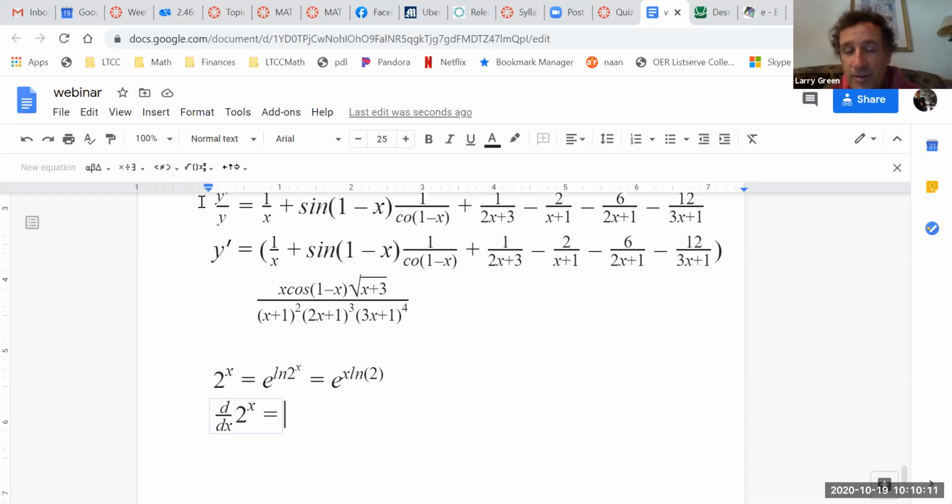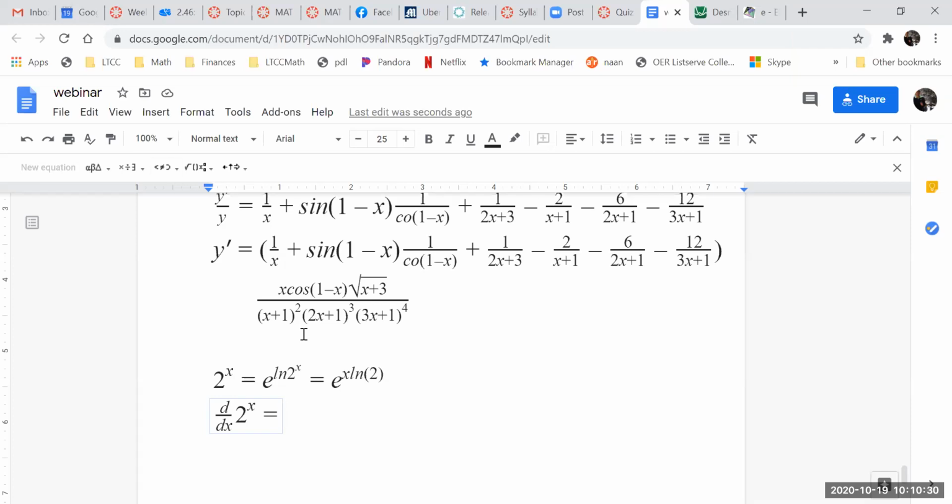What's the big rule for derivatives? Most important of all of them? Power rule. Power is the most useful, but I'm calling this important. And power rule we're not using on this one. There's a chain rule. There's like e to the u, where u is x ln 2.